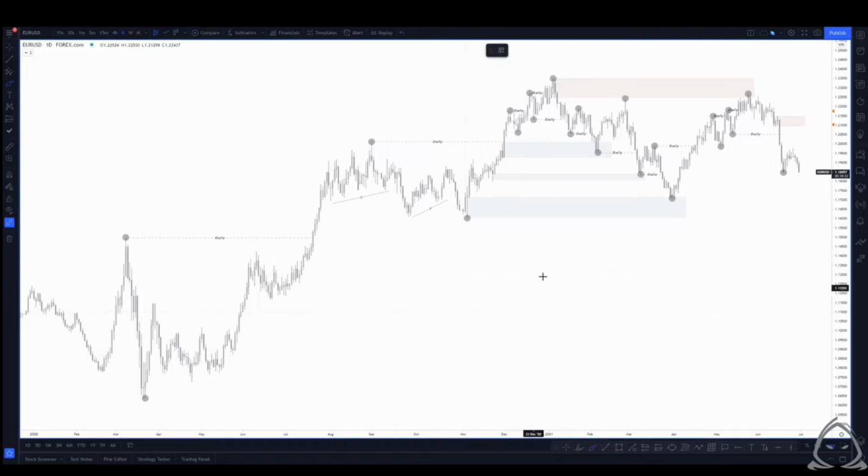One thing I wanted to add before we get into this too much is that although in the previous video we discussed supply and demand and the application to it, having demand being respected and supply failing for uptrends and supply being respected and demand failing for downtrends, one thing that should also be stressed is that the supply and demand zones may not necessarily appear or be as present on one particular time frame, and this is where the fractal nature of the markets really do come into play.